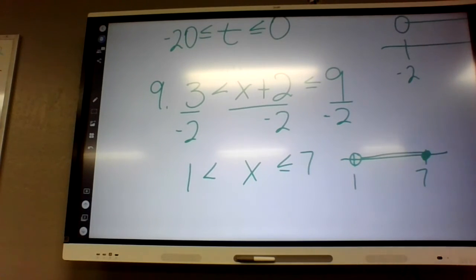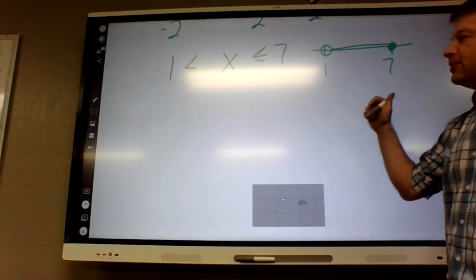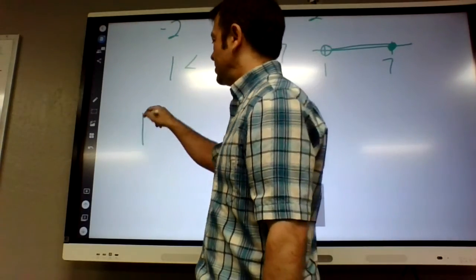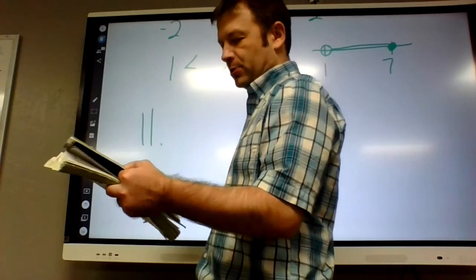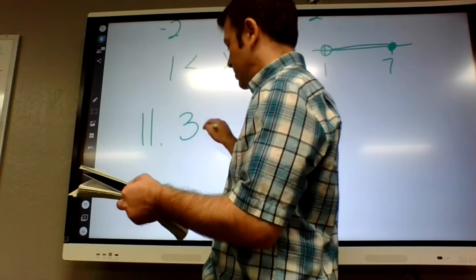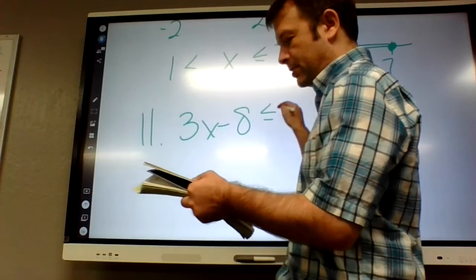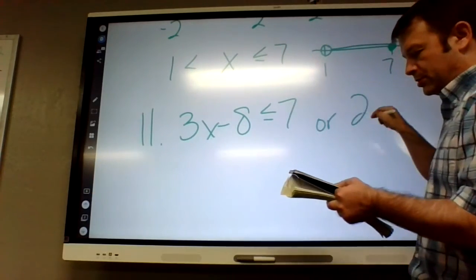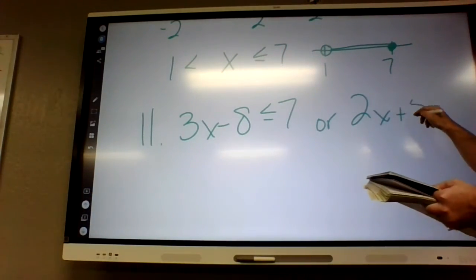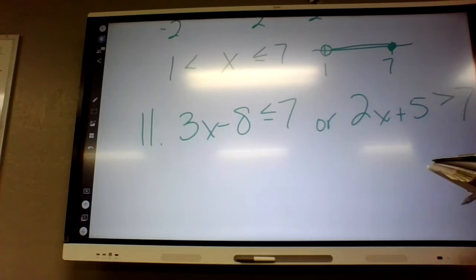Okay, number 11 is an or statement. So you just solve both of those separately, kind of like Friday. There's 2 sentences that you solve separately. 3x minus 8 is less than or equal to 7, or 2x plus 5 greater than 7.